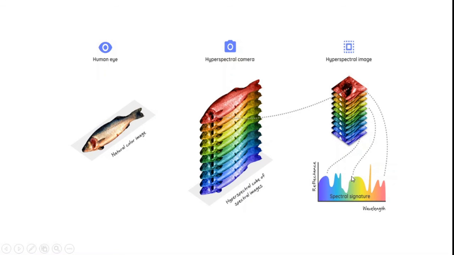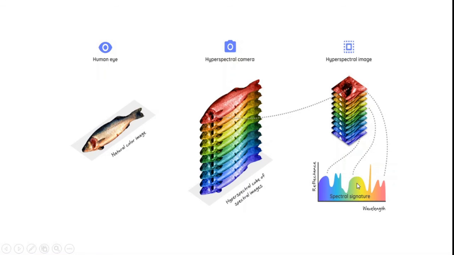This is a spectral signature, a graph of wavelength versus reflectance of any object. As we studied, this is the flow from human eye to hyperspectral camera to the spectral signature.